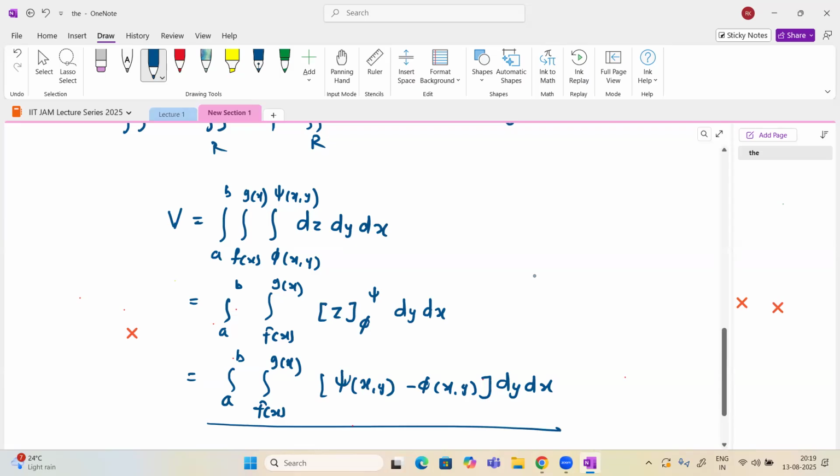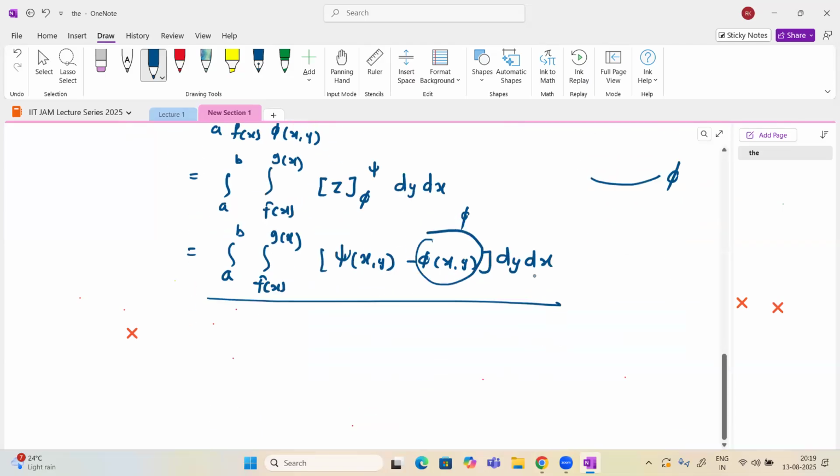So psi means what? Psi means the region is bounded above by the surface. Psi is the surface, and the region is bounded above by this psi. Phi is again a surface, and the region is bounded below by phi. In most cases, this phi will be 0, that means bounded below by the xy plane.